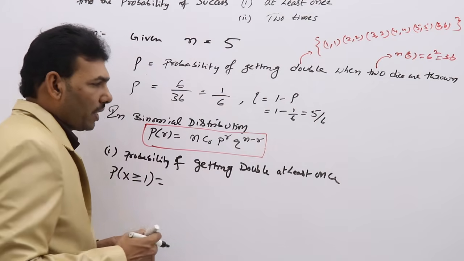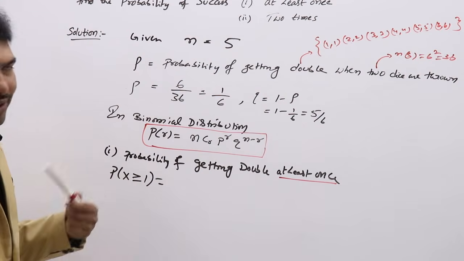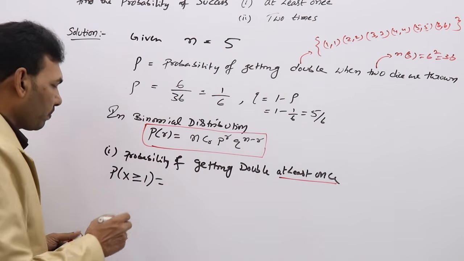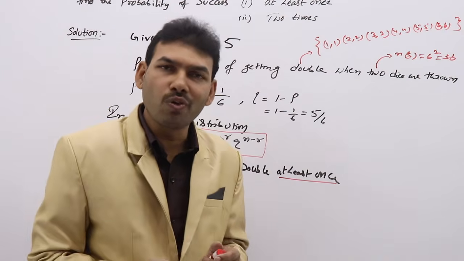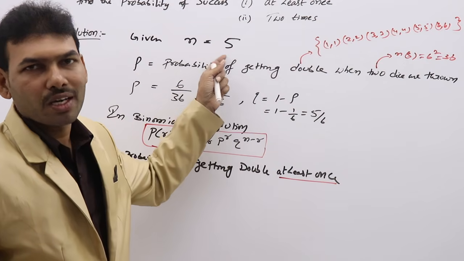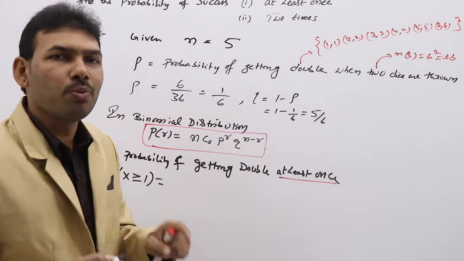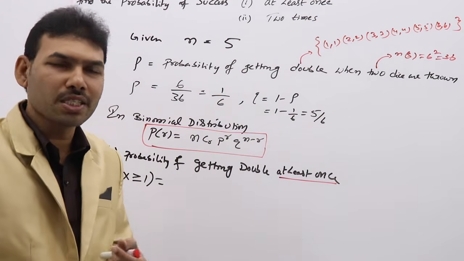I said so many times, at least means greater than or equal to, at most means less than or equal to. To find the probability of x greater than or equal to 1, starting from 1 up to n, which is 5, you need to add all the probabilities: P(1) plus P(2) plus P(3) plus P(4) plus P(5).